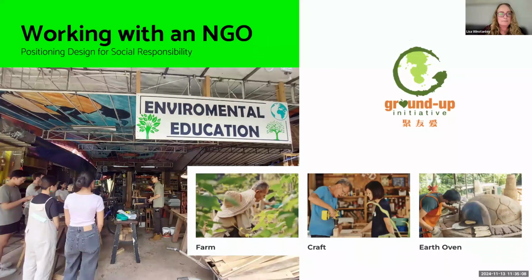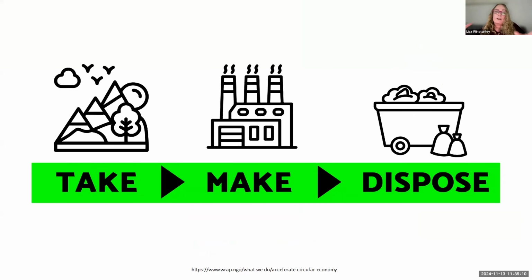Next slide, please. And what we try and teach our students is that the regular mode of consumption that our society has taken upon itself is a take, make, dispose, linear economy, which is very unsustainable.